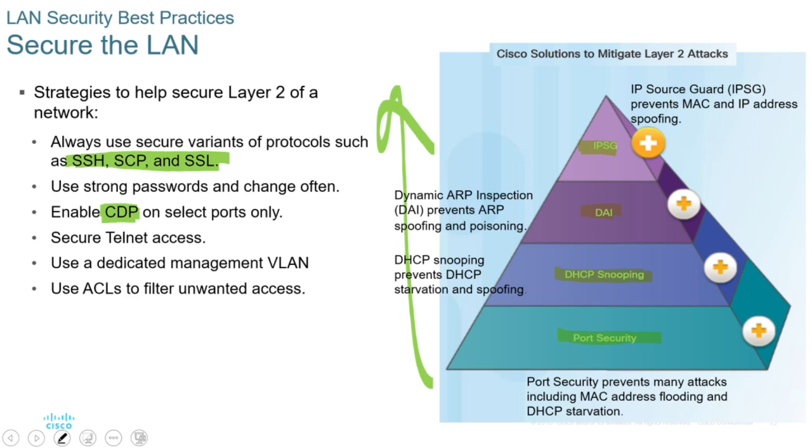So these are some of the various things that we can do to make sure the network is secure at various levels. As I said, it is not a singular approach. It will have to be at various levels. We'll have to think about the different approaches that we can take to secure our network environment.